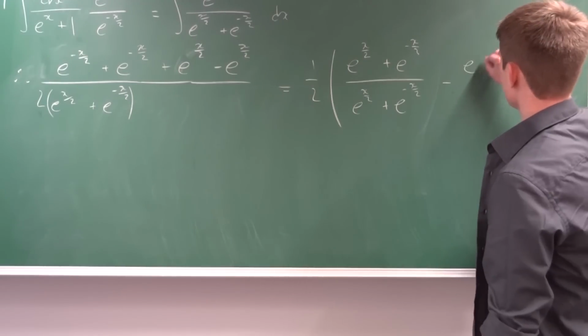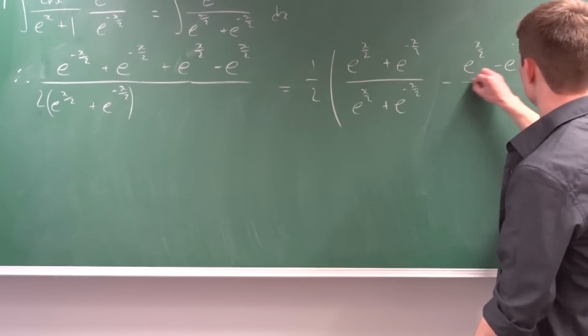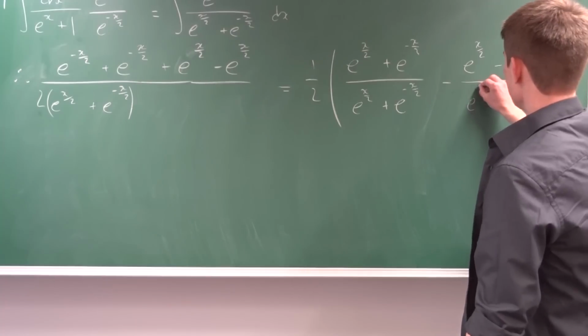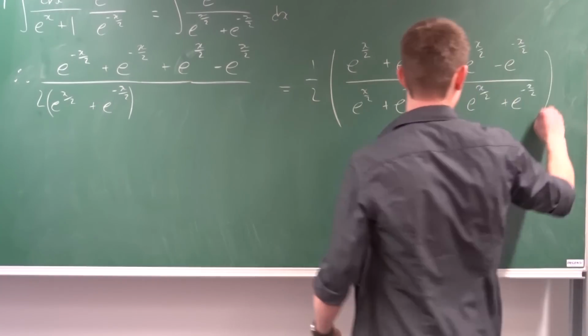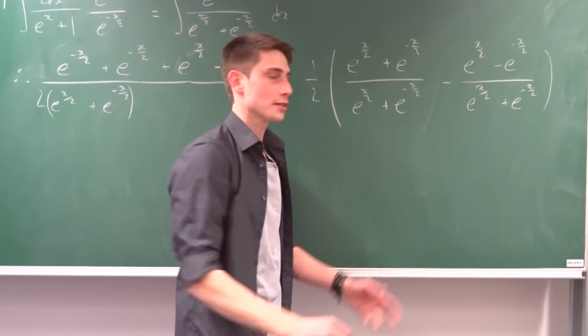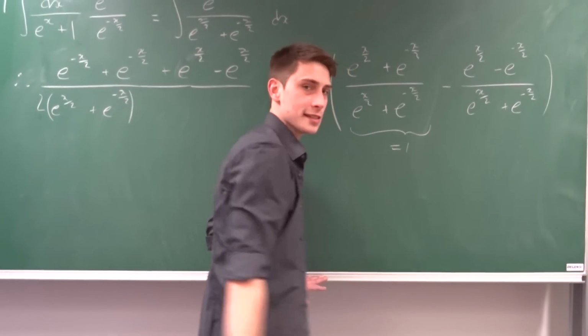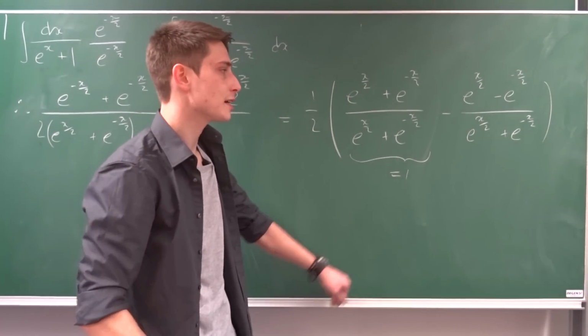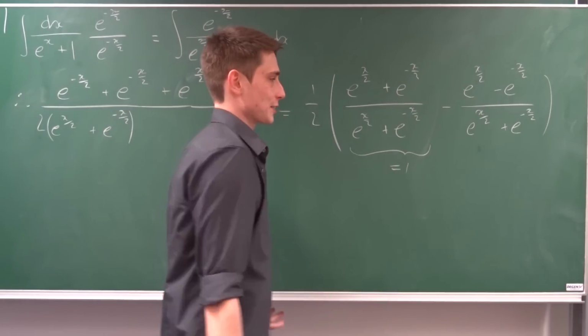So minus e to the x over 2 minus e to the minus x over 2 over e to the x over 2 plus e to the minus x over 2. And this right here is obviously just a 1. And this right here, maybe you notice the identity, but this is just the hyperbolic tangent of x over 2.